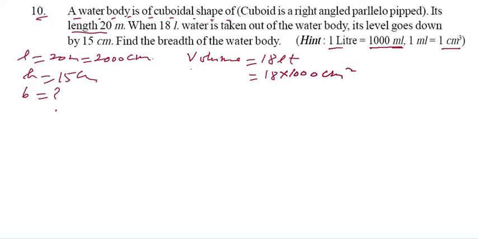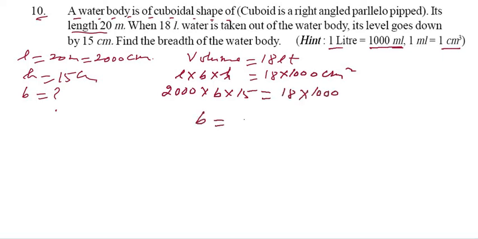But volume is, as you know, length, breadth into height. So you can put the value. Length is 2000 and breadth we want to find and height is 15. So we can say B is equal to 18 into 1000 divided by 2000 into 15.